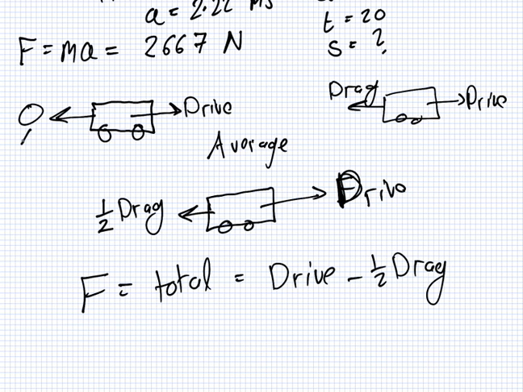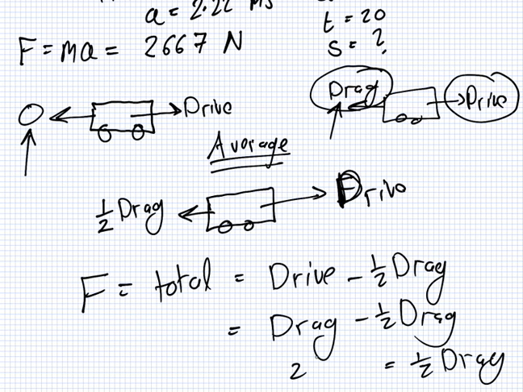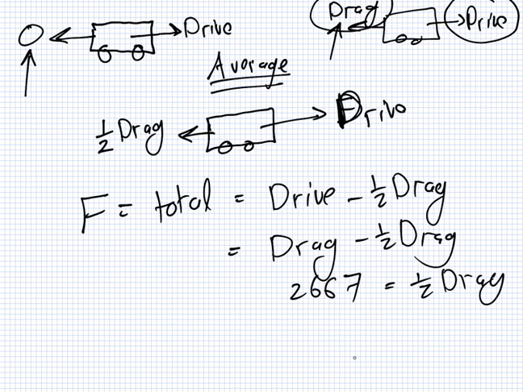We should use an average because it keeps changing. And you also know that drag equals drive. So you can change this into drag minus a half drag, which equals a half drag. And that's 2667. So in fact, that's only half the answer. I need to multiply this by 2.